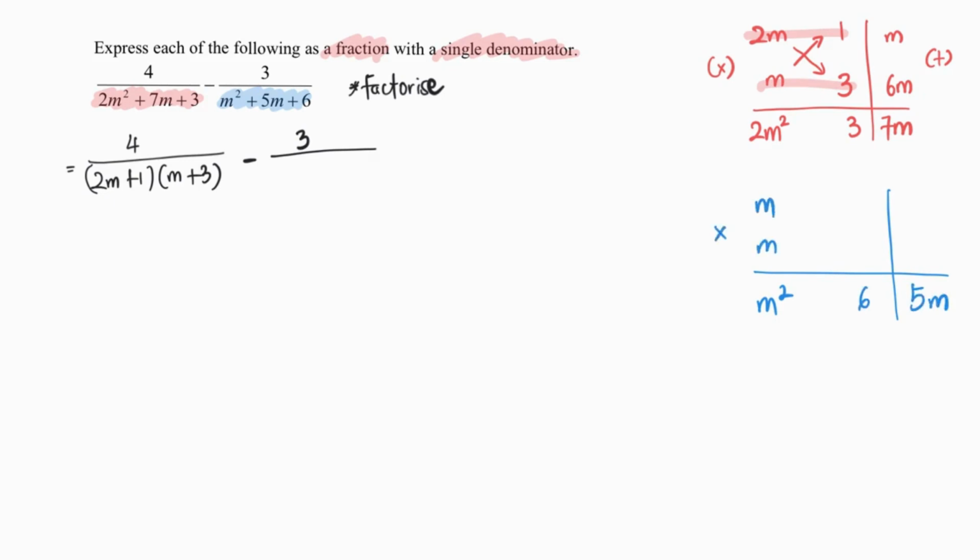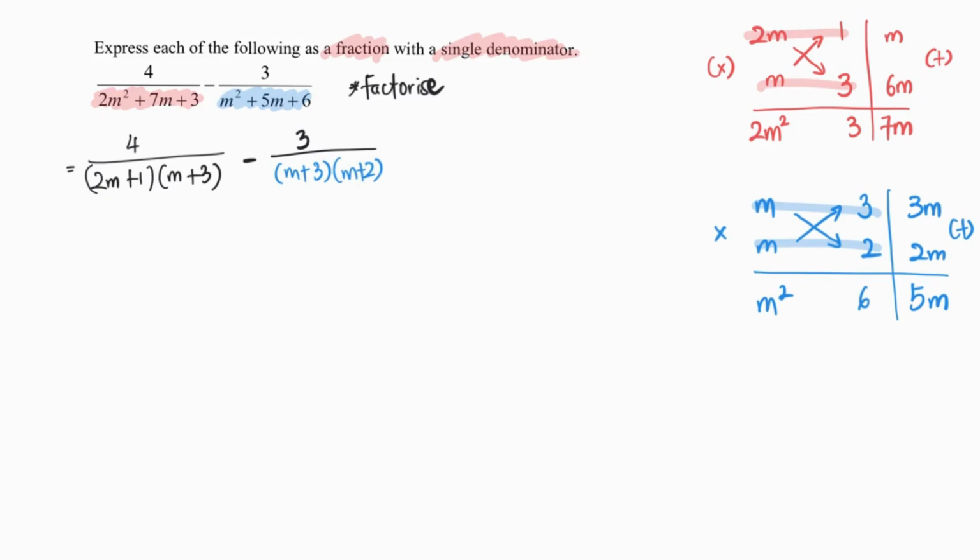In order to get 5m, I look at the factor that can give me the 5m. 3 times 2 can, because this will give me 2m, this will give me 3m, and when I add them up, they do give me back my 5m. So I get my factorized form, m plus 3, m plus 2.